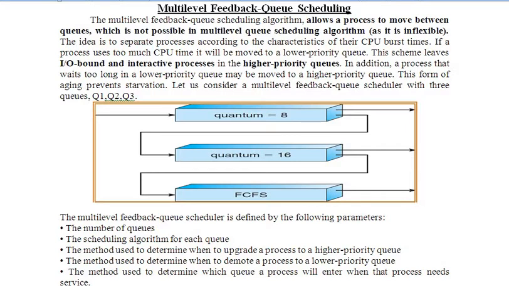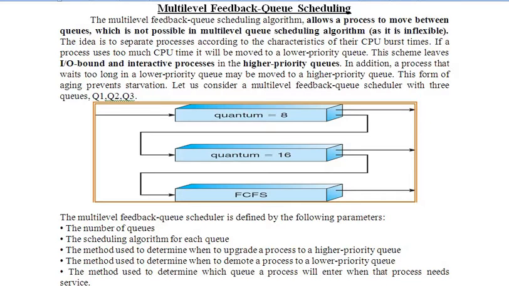Usually, a process which takes more CPU time is put in a lower priority queue, and a process which takes less time is put in a higher priority queue. Usually in higher priority queues we have IO bound as well as interactive processes, whereas lower priority queues will have the processes other than these two, IO bound and interactive processes.